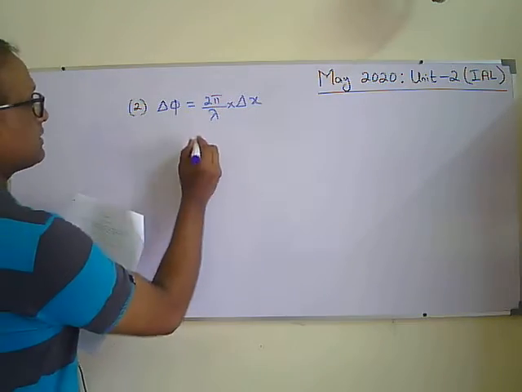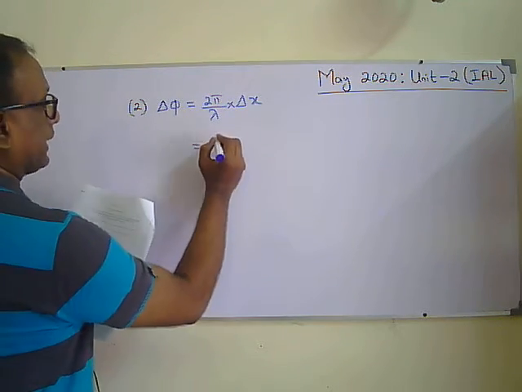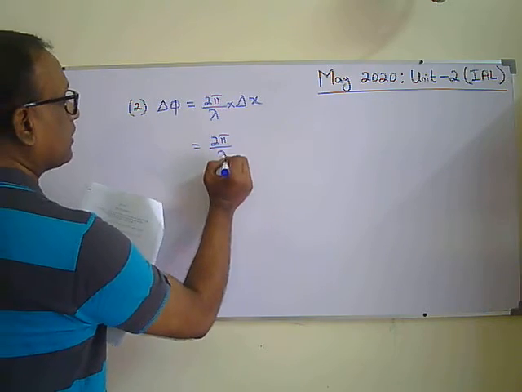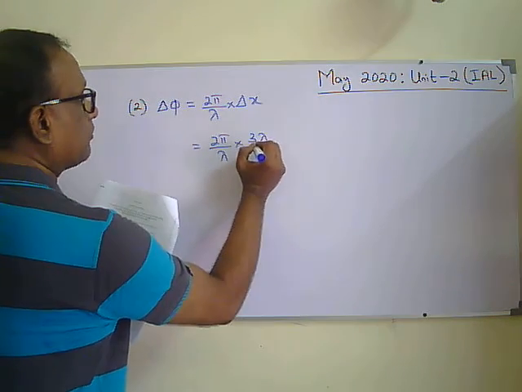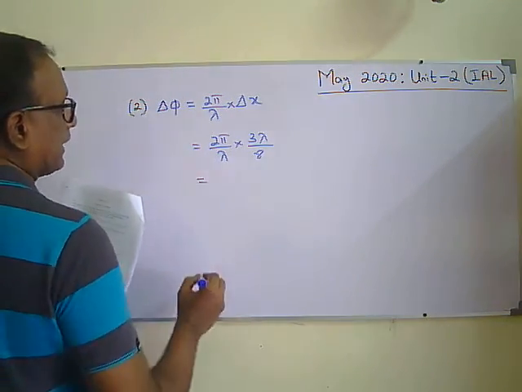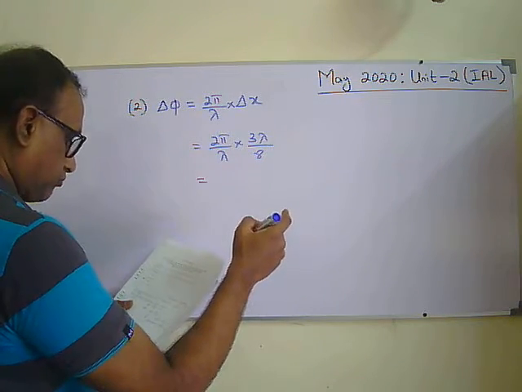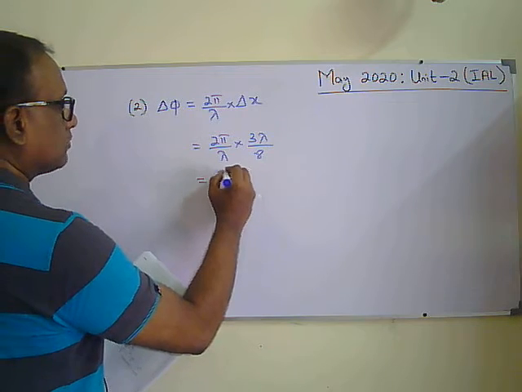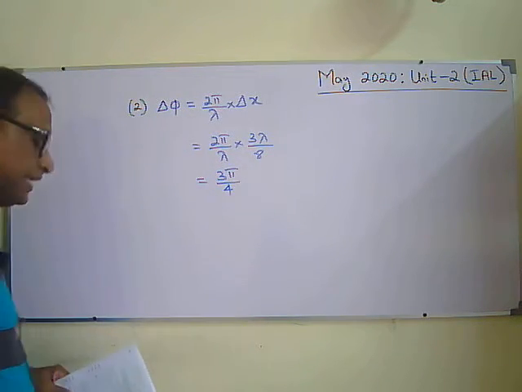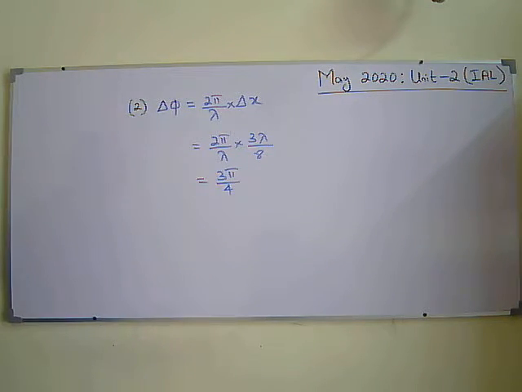The path difference is given as 3 lambda by 8. So substitute 3 lambda by 8 here, and you will get 3 pi by 4 in radians. The only thing you need to do is convert this to degrees.